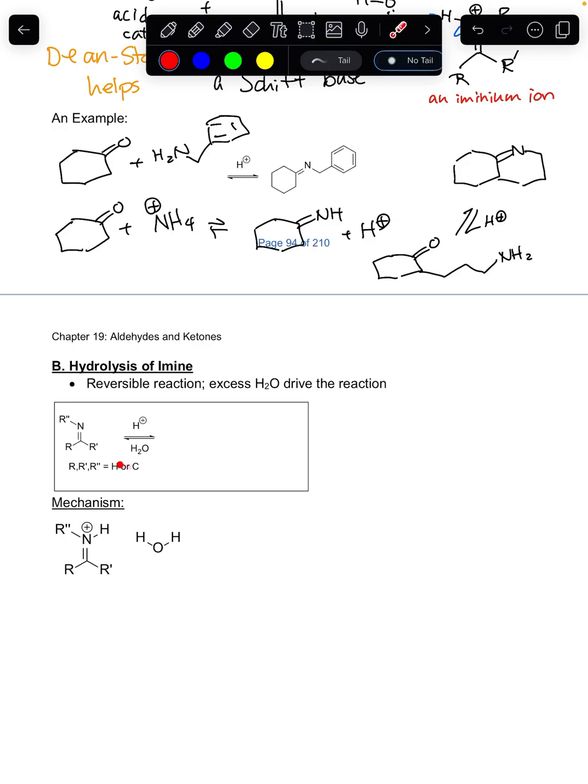If there's a lot of excess amount of the starting material, the reaction could be driven towards the product, right? And so for that reason, typically you do this in excess water, which in practice just means you use water as the solvent. And then there's a lot of that. So you can get your carbonyl compound back, and the amine.